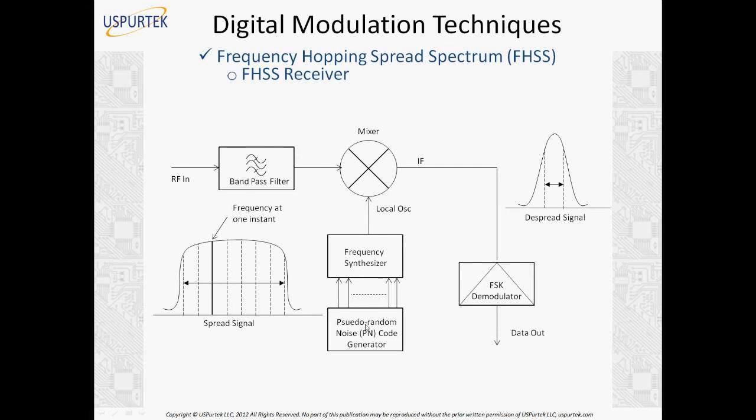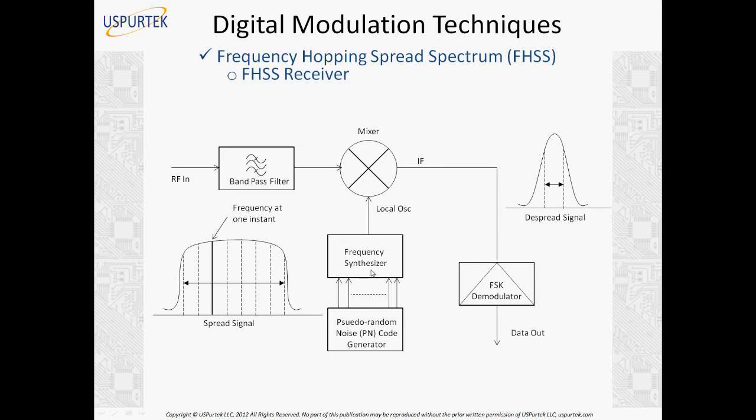Since we are not maintaining phase between the frequencies, because that is a tough challenge to achieve, the frequency synthesizers cannot maintain phase when they are hopping from one frequency to another. So that is why we cannot use QAM. We don't know at what phase angle the new frequency will be starting. We are stopping one frequency and starting another at a new angle. So that is the reason we cannot use QAM.